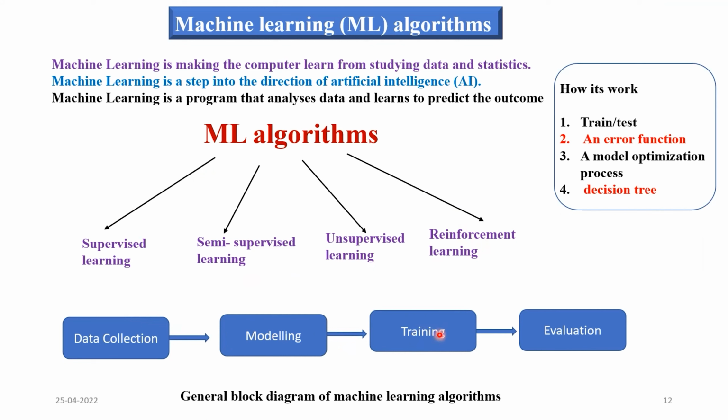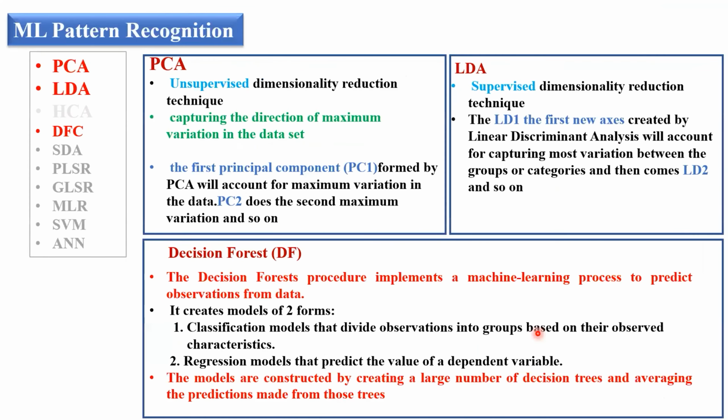So training is the important part in machine learning, and later evaluation. After that, we get the result where we can quantify the gases or classify the gases. And in machine learning pattern recognition, there are many techniques. These are the techniques that have been used for this study.